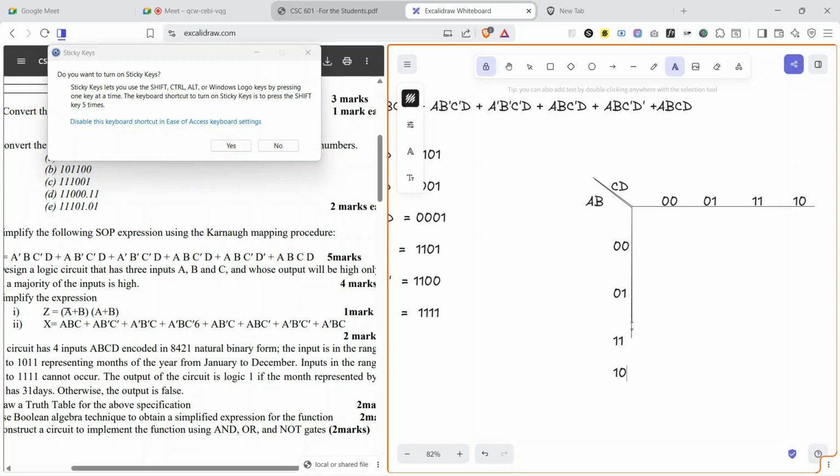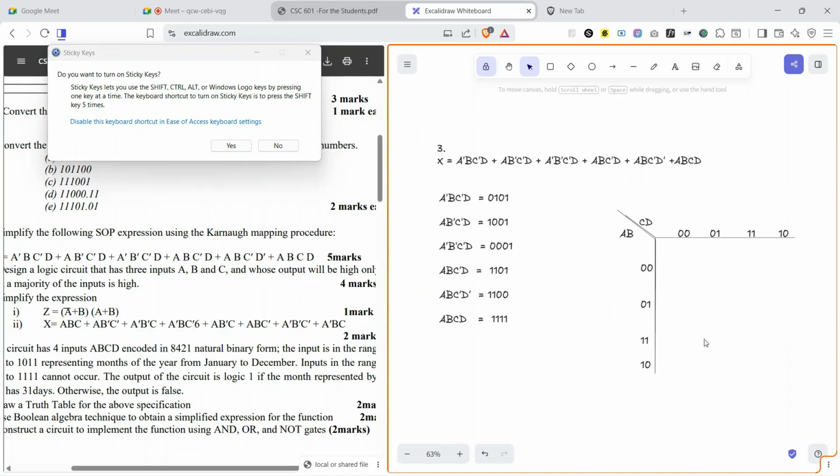So let me increase the length of this. What you basically want to do is to fill this up with what you have here. This is the AB side, and this is the CD side.